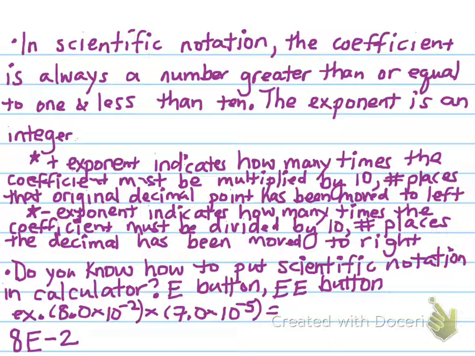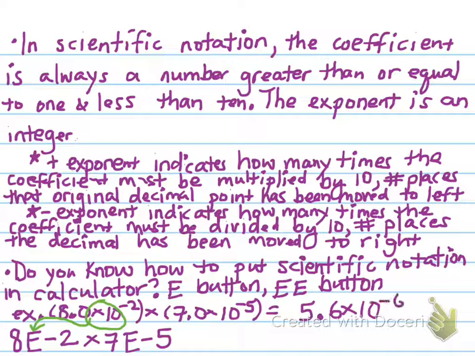So the E button, okay, takes the place of the times and the 10. Okay, so that means that you don't have to type that when you use that E button. Okay, and then you do your multiplication, 7e negative 5. So what I'd really like you to do is pull out your calculator, put this in your calculator, and see that you get the correct answer, which is 5.6 times 10 to the negative 6th.